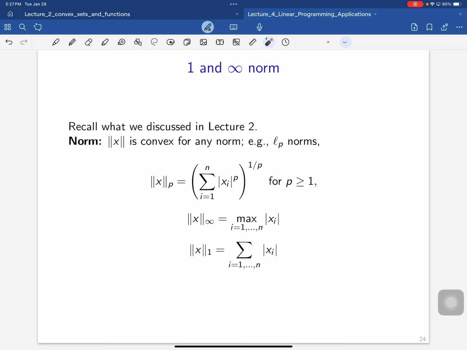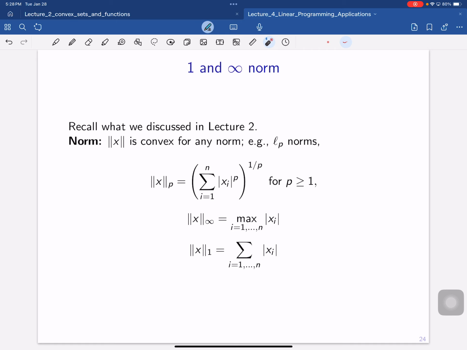Of course, you cannot represent any arbitrary p norm using a linear program, like the 2 norm, right? It is very clear the 2 norm needs some sort of quadratic constraint, right? It's not linear. But then you can show that for some of the problems that involve the infinity norm and the 1 norm, they are linear program representable.